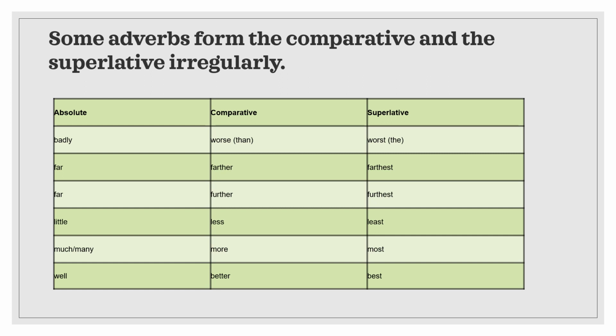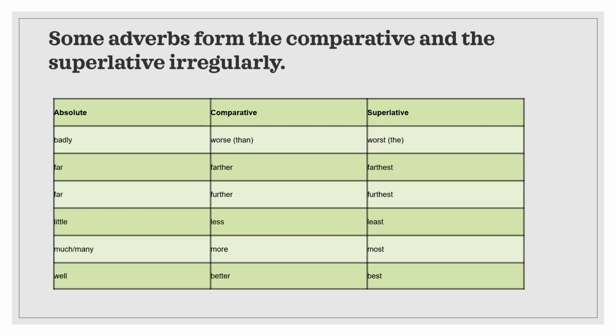If it followed the rules, it would be more badly. But this one is a tricky one. It's a rule breaker, and it goes to worse. I am worse at fractions than at multiplication. So that would be worse. I would not say I'm more badly. If it's the worst I am, I do the worst at percentages in math. So I would not say the most badly.